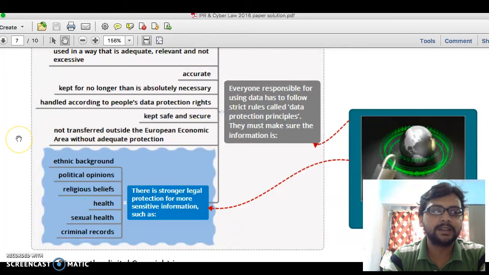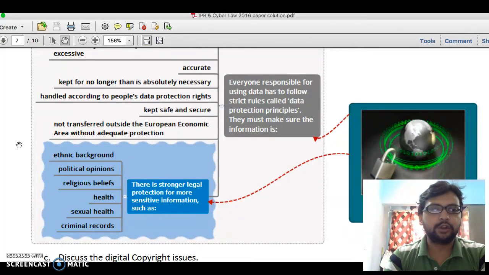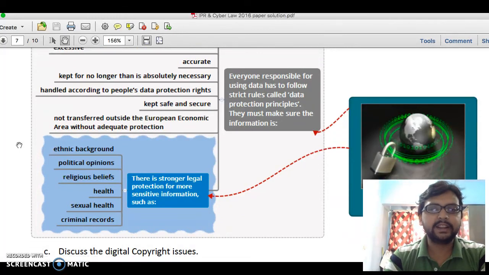So how basically one can attack and many other things. Not transferred outside the European Economic Area without adequate permission. So if a company is basically working in Europe only, then they are not allowed to send that data to any third party which does not belong to Europe or that territory.